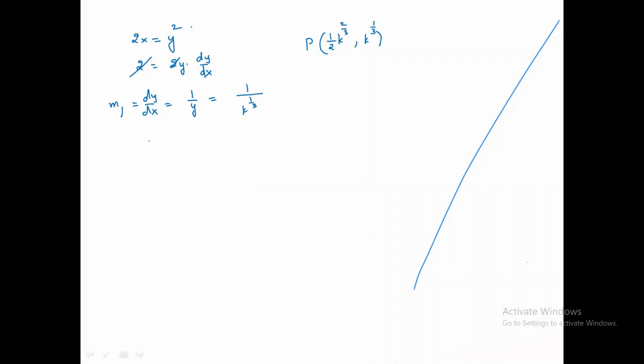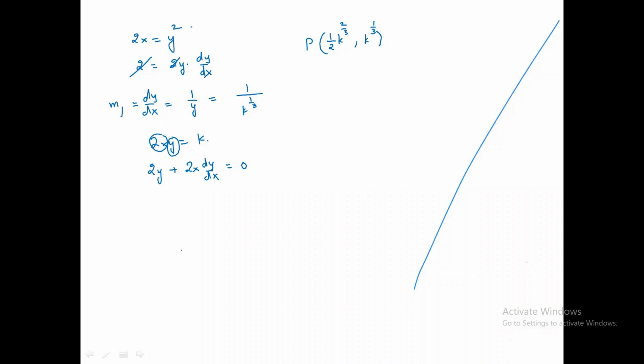Now I will take the second curve, that is 2xy equal to k, and find the derivative. So when I find the derivative, I will take the product rule, 2x and y. Derivative of 2x is 2, times y, plus 2x times the derivative of y, which is dy by dx, and derivative of k is 0.